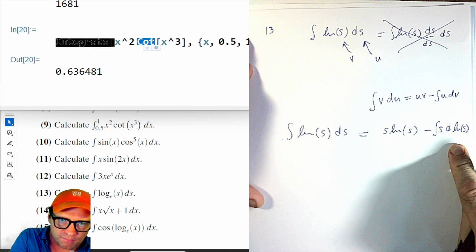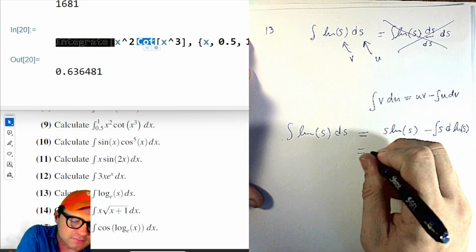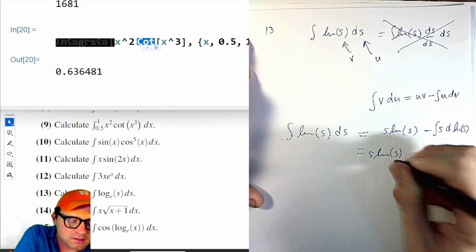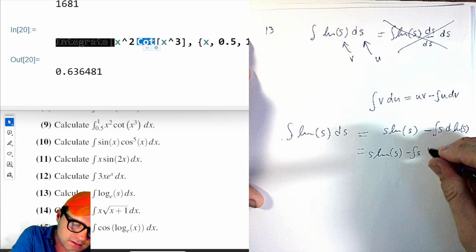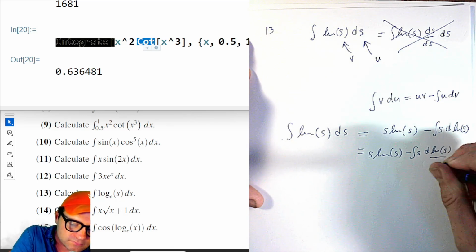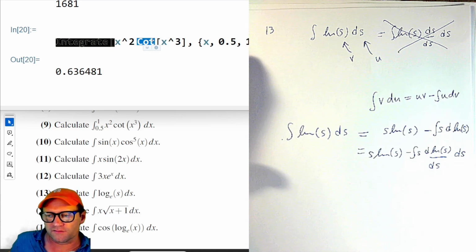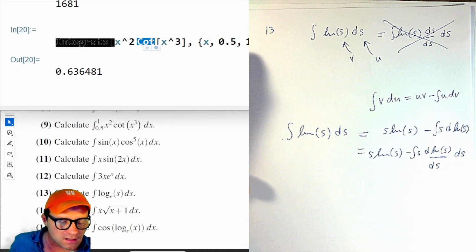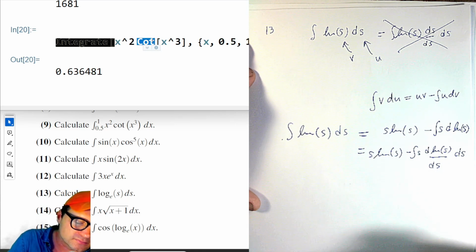But we can perform a substitution introducing a ds in this. Integral of s d ln s with respect to s ds. All right, now what's the derivative of the natural log of s? Well, it should be 1 on s.